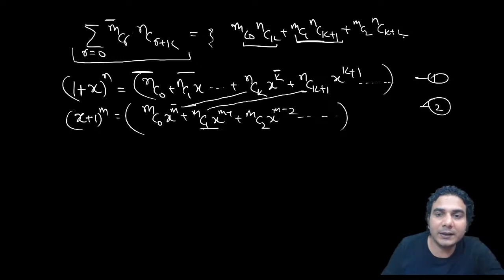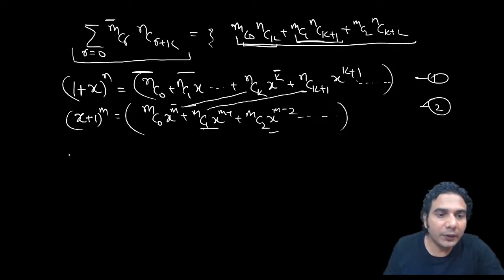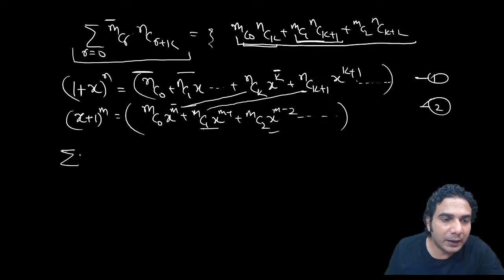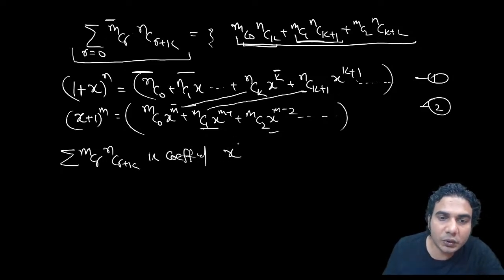Are you getting this? If your third term is multiplied to this, again you'll get x raised to m plus k. So this whole thing is the power of unity. So this sigma mCr nC r plus k is the coefficient of x raised to what?